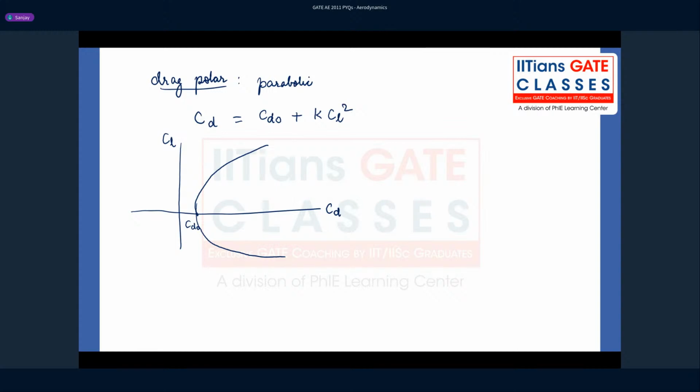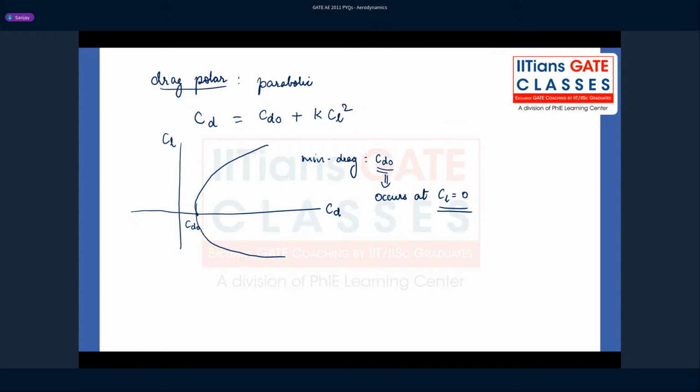Now you see that when your CL is equal to 0, that is on the x-axis, your CD is CD naught. So in this case, your minimum drag is nothing but CD naught, and this occurs at CL equal to 0.